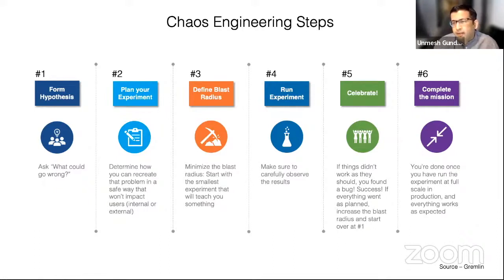That's the observation that you made from your experiment, and that's how you can use it as an action to improve the system. But if everything works as expected, then probably you can increase the blast radius. You can bring in different experiments, and then you can start again from the beginning.